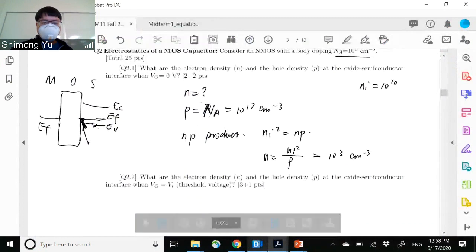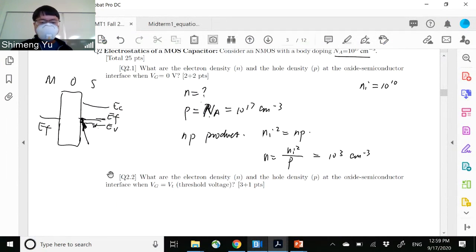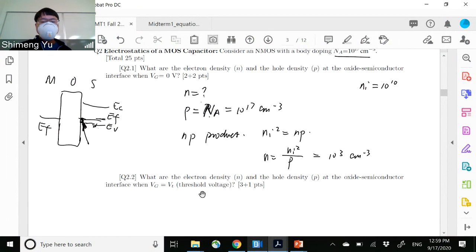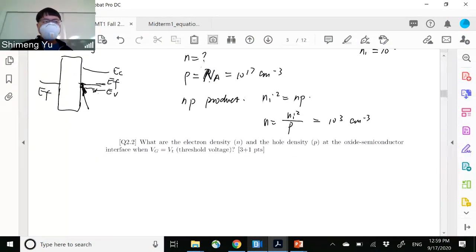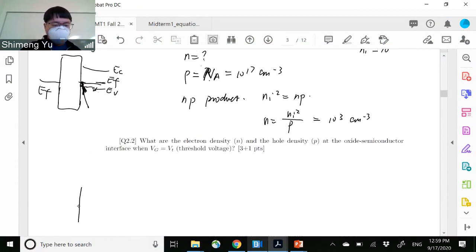Then let's move on to the second one. What are the electron density N and the hole density P at the interface here when the gate voltage equals the threshold voltage? Now we apply voltage and make the transistor at the threshold. So if you want to draw the band diagram, then positive voltage pushes down the band. This is what you apply, Vg.